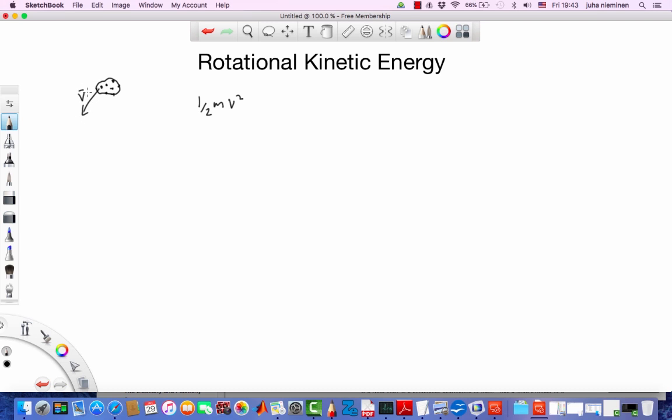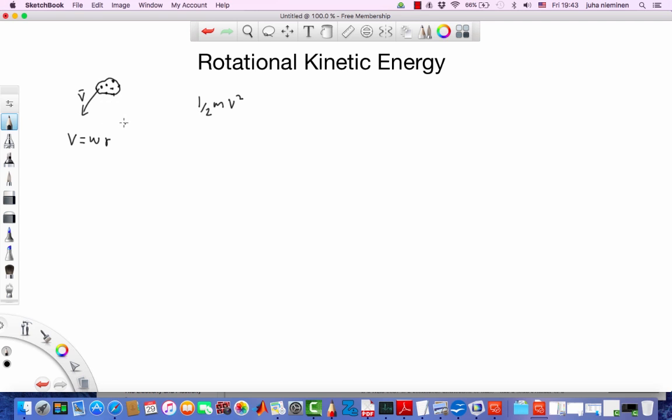If this velocity happens to be along a rotational motion, then we can say, as we learned, that the linear velocity is the multiple of angular velocity times the radius of curvature at that point.